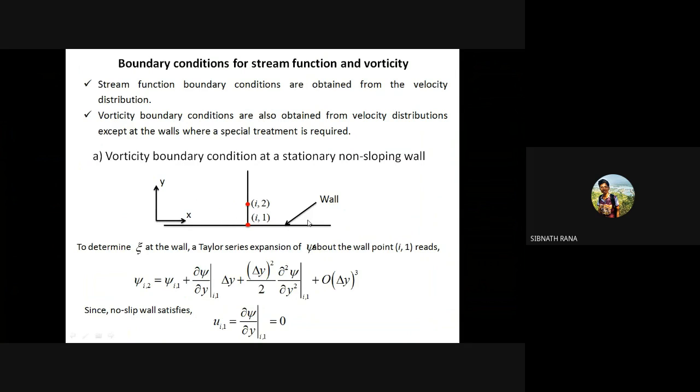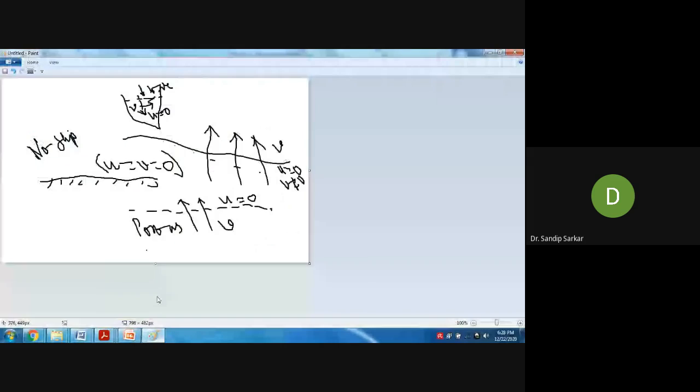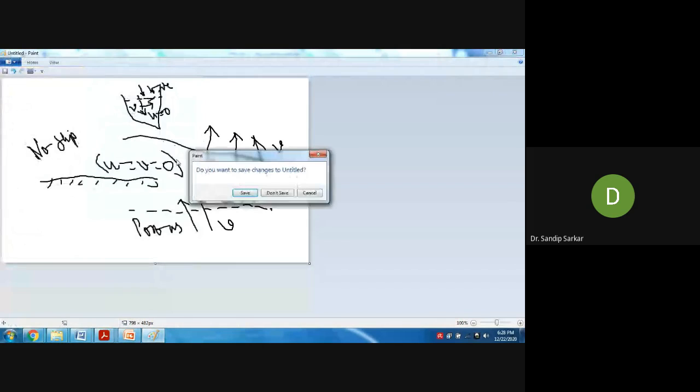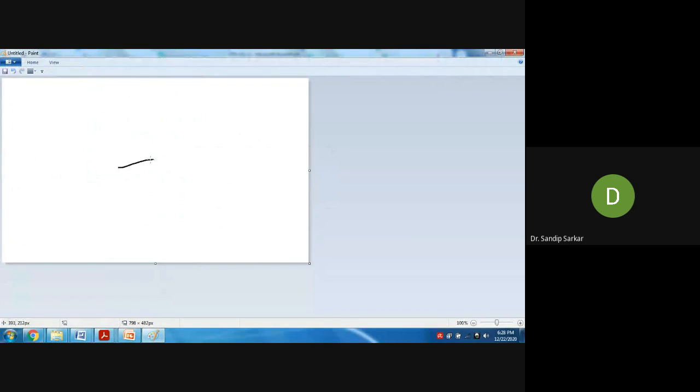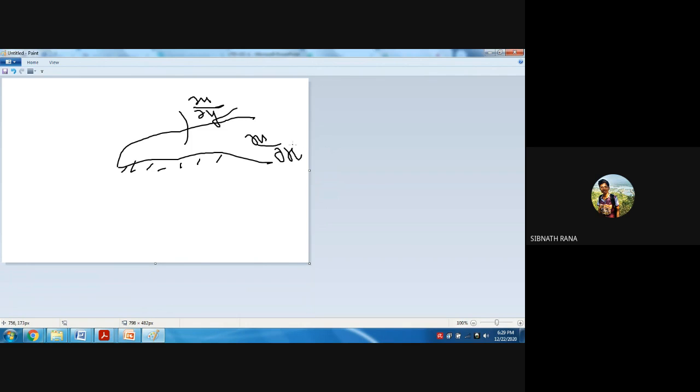Why? You should ask why. What do you know about the boundary layer equation? Boundary layer flow over a flat plate. Del U del Y is there, right? But del U del X, in this direction, is 0.